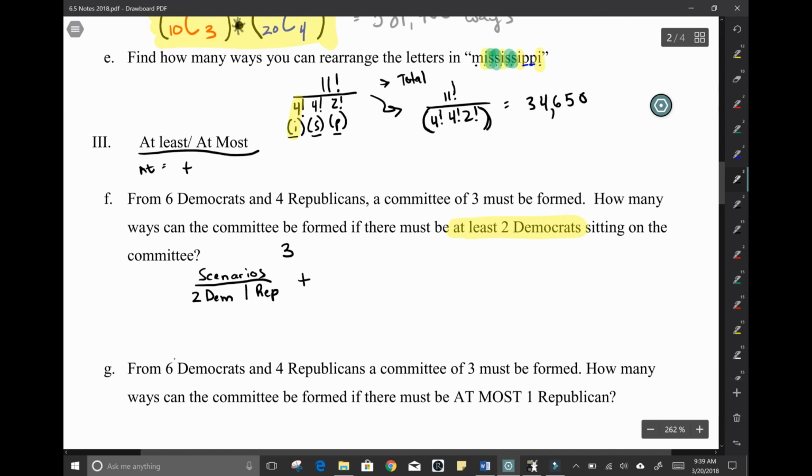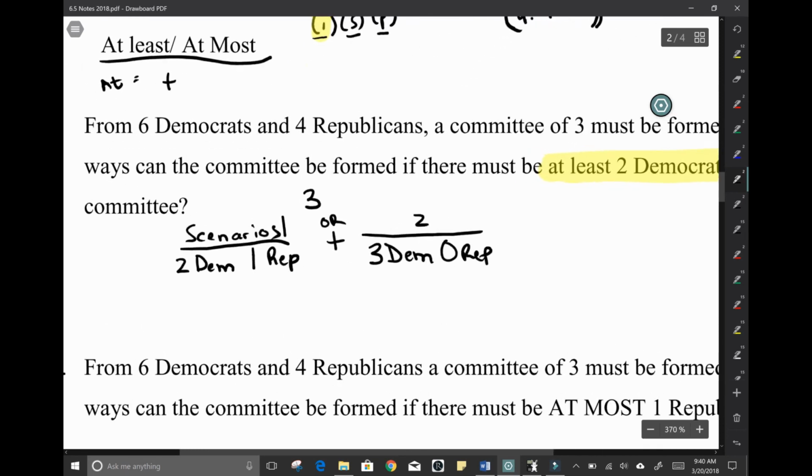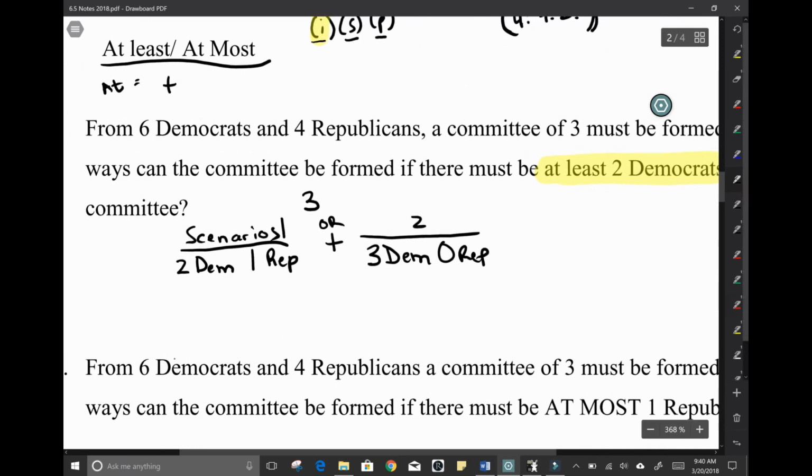Or I can have 3 Democrats and 0 Republicans. Okay, so there's scenario 2. This is how I would really encourage you to write these at least problems out. Once you do that, you can decide, well, how can I choose my 2 Democrats?